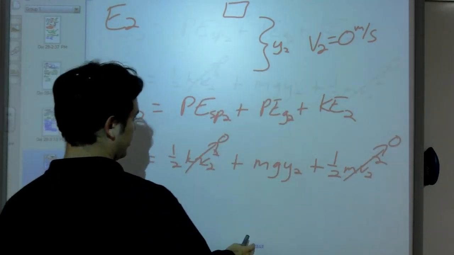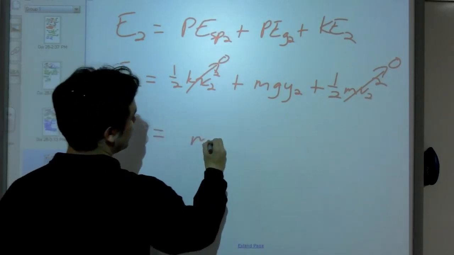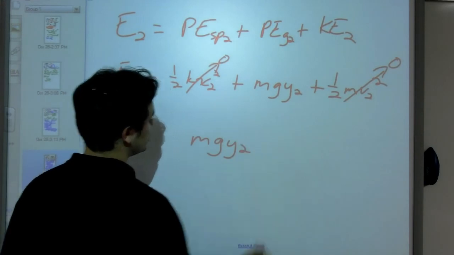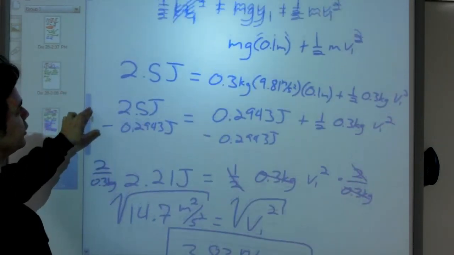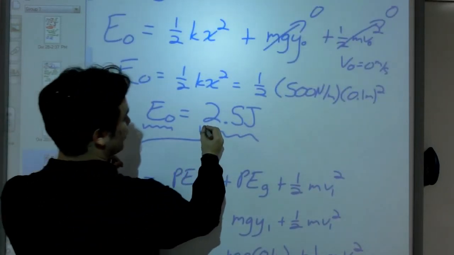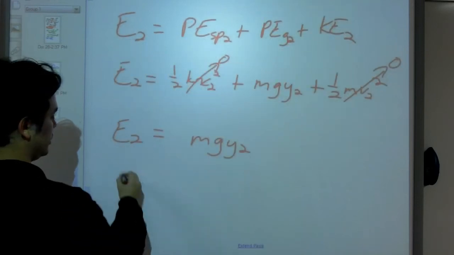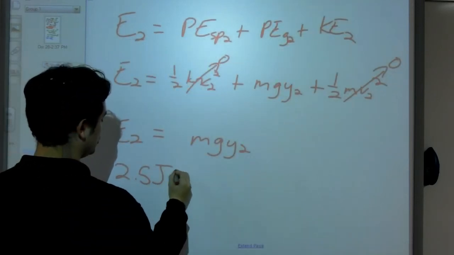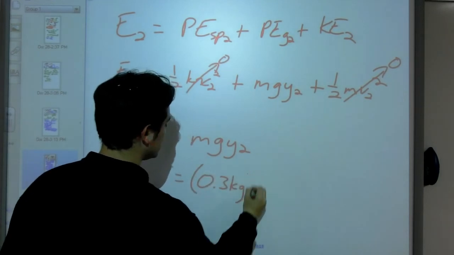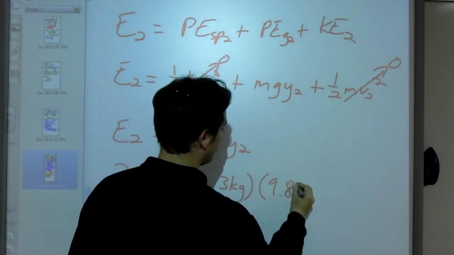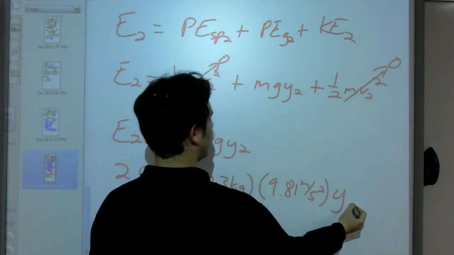Well, this one's another one of the pretty easy ones. Energy 2 equals mgy2. Our total energy is equal to 2.5 joules, because that was our total energy in the system. So 2.5 joules equals our mass, 0.3 kilograms, times 9.81 meters per second squared, times y2.